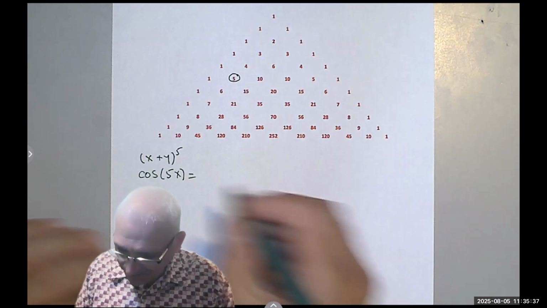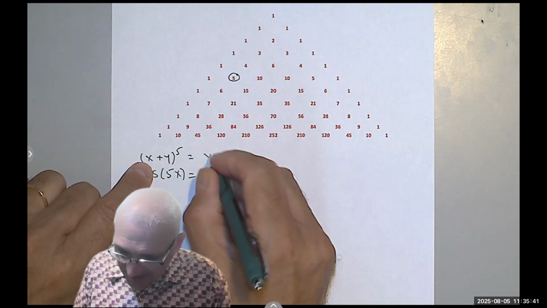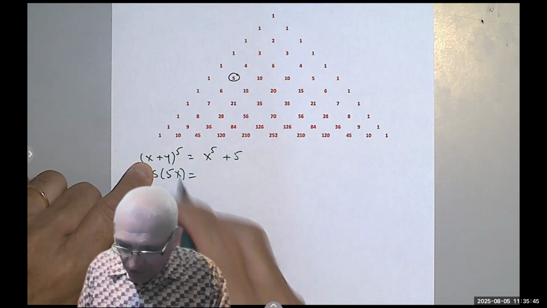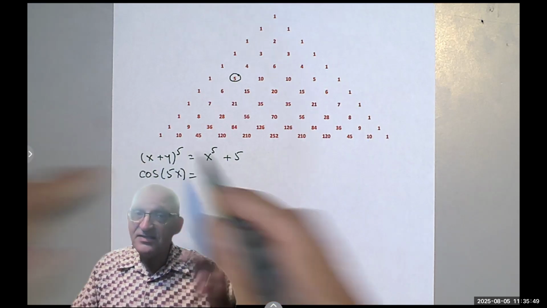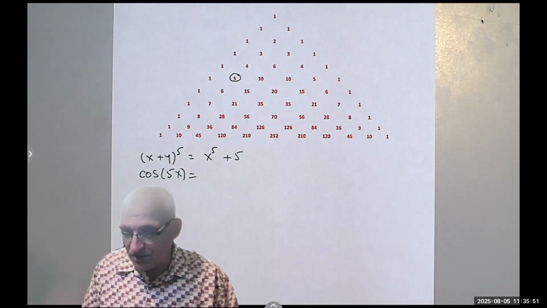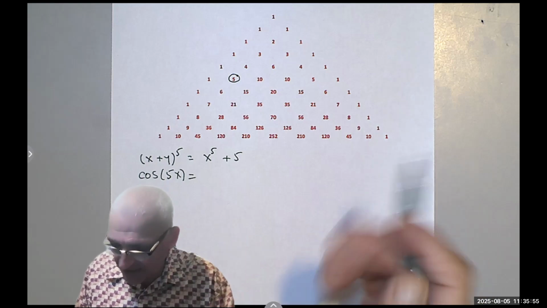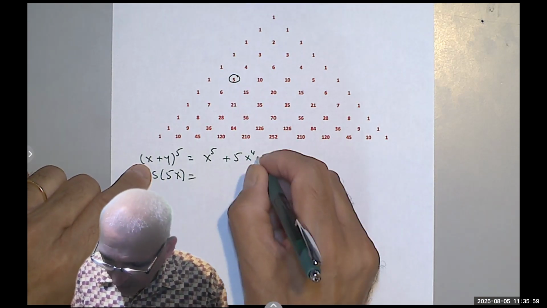It's so easy, right? You say 1, and then you start with x to the highest power plus 5. You drop 1 from the power of x and you add 1 to the power of y such that the sum of the exponents always has to be 5. This is common sense, right? So you get x to the fourth y.